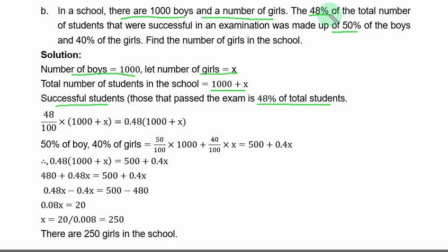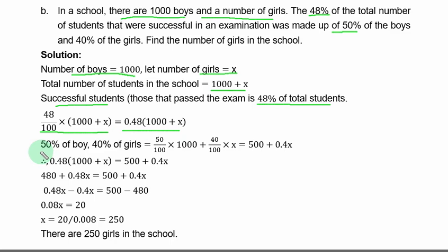Let us leave that part first. Let's work on 48%. So we get 48% of the total students. That simplifies to this. Now let's get 50% of boys and 40% of girls, and we equate it to the 48% of the total students to enable us get the value of S.